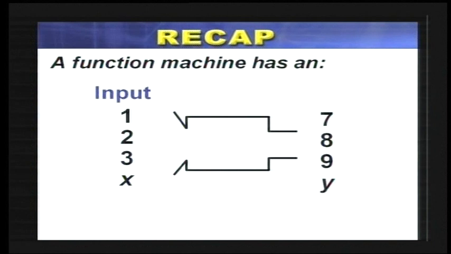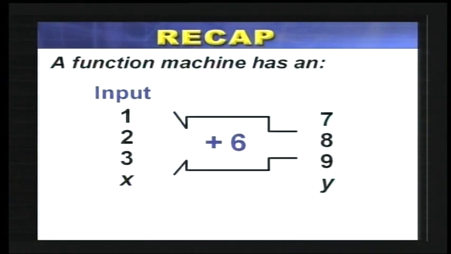What do we have in the main part of the function machine? What would be the main part of this function machine as our rule? Ruthie? +6.